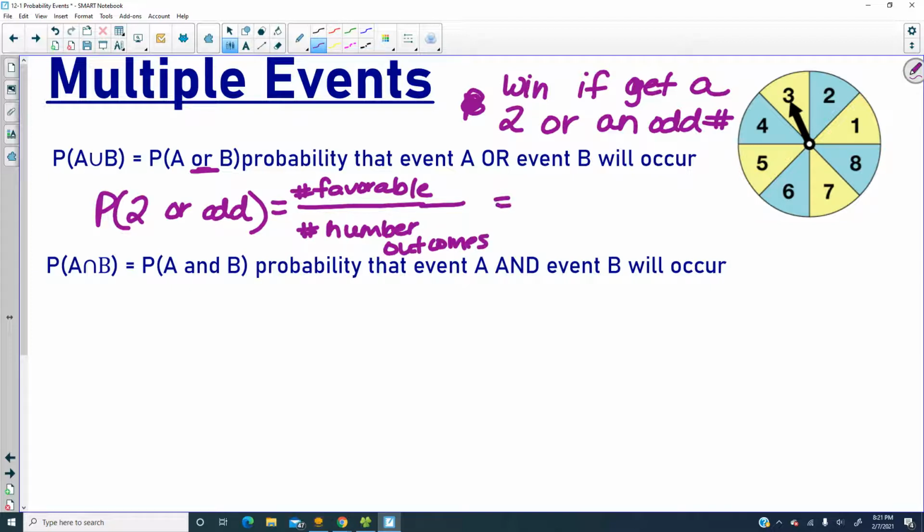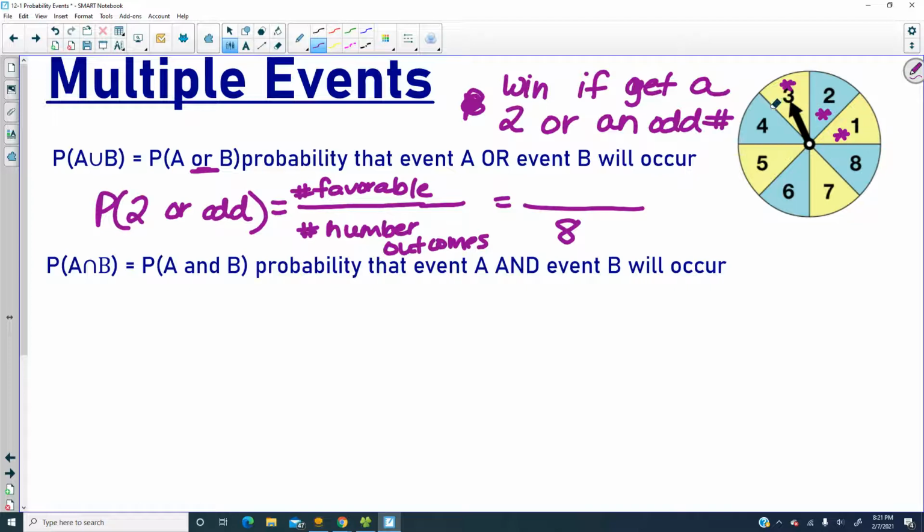Well, I know that there are 8 things that could happen when I spin the spinner. I can land on the numbers 1 through 8. But the favorable outcomes for this scenario would be if you get a 2 or an odd. So every time I see a 2 or an odd number, I'm going to label it as favorable. So 1 is odd, and there's 2. 3 is not 2, but it's odd.